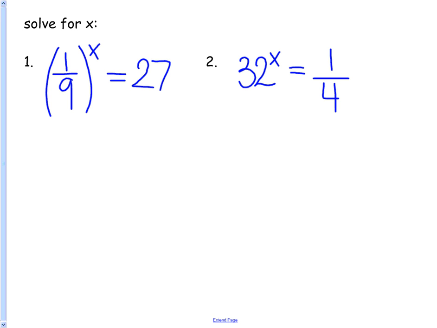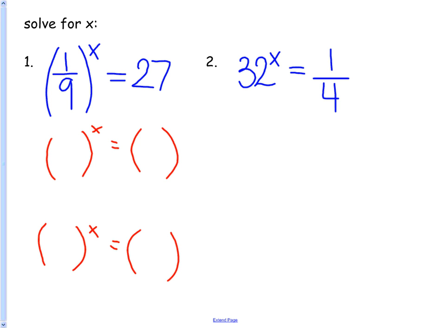Fractions. You can still use a fraction in here, or you could use a whole number for the base, whichever you'd like. Figure out what you'd like to use and give it a shot. Okay, so I'm going to show you once using a 3 for a base. 3 to the what would be 1/9? Well, it would need a negative to make it flip, and a 2 to make 3 squared make it 9.